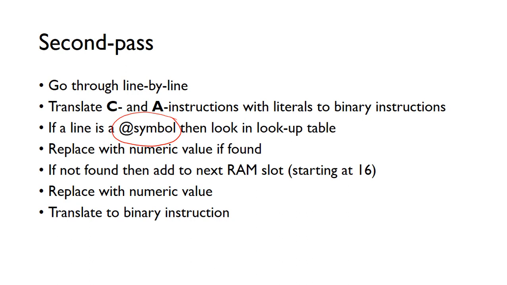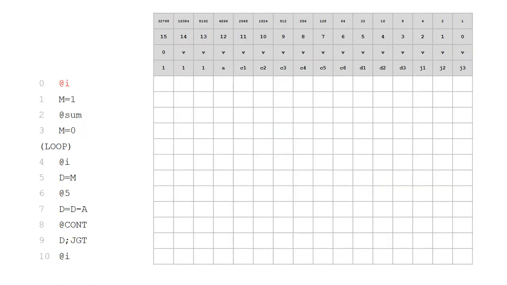If it's not in the table, then add it to the table in the next RAM slot. The user-defined symbols start at 16, remember? 0 to 15 are taken up by R0 to R15, and then user-defined symbols start at R16. So add it to the lookup table, replace it by its numeric value, and translate to the binary instruction as normal.